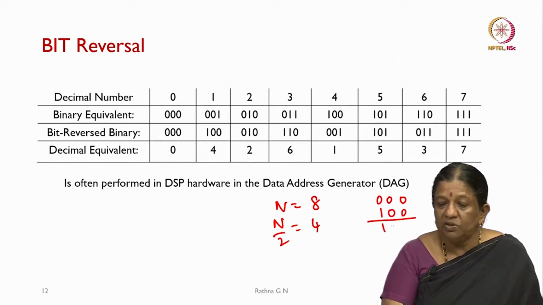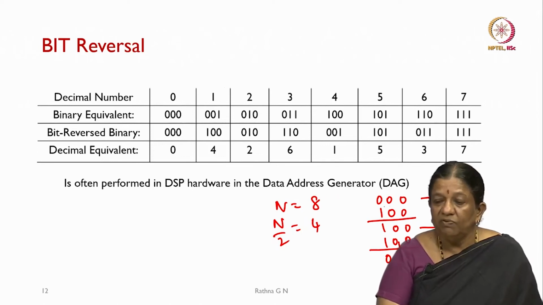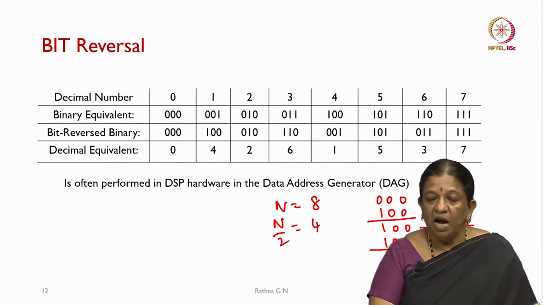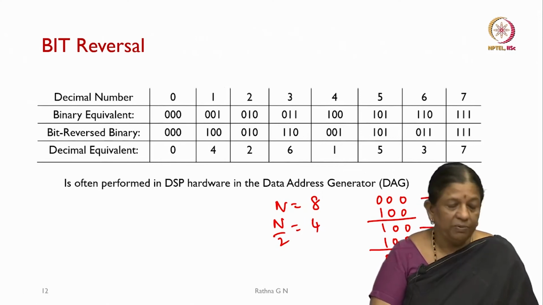Which gives me first digit 0, next one is 4. Now, I add 100 again: 1 plus 1 is 0, we carry 1 to here, 010, which will give me 2. You can go on doing that till the end. So, this is the data address generator which will incorporate the bit reversal at the input for the FFT computation.